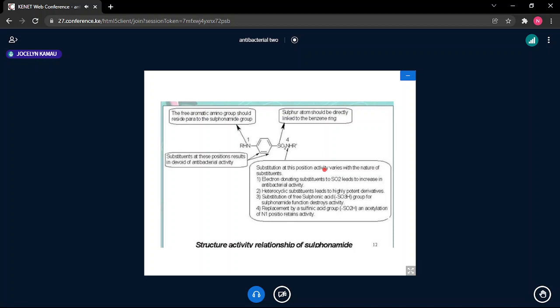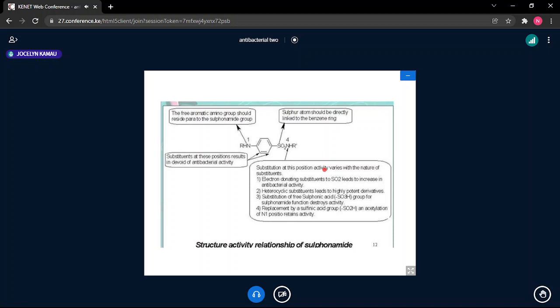And one of the major toxicities of some of those sulfonamides is what we call crystalluria. Crystalluria comes about because of the sulfonamides that have low water solubility, low ionization, because the groups that are attached to them are not powerful electron withdrawers, nor powerful stabilizers.